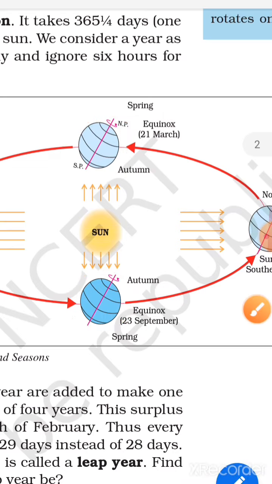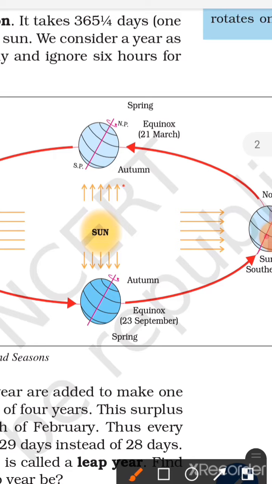So directly the sun rays fall exactly on the equator. At the 21st March and the 23rd of September we experience equal day and equal night. So it is called the equinox.